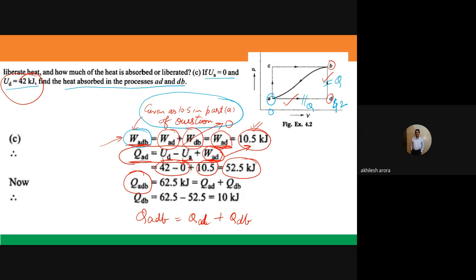QAD is 52.5, and QDB is to be calculated. So QDB comes out to be 10 kilojoules. So this is how we can calculate it. Is it clear?